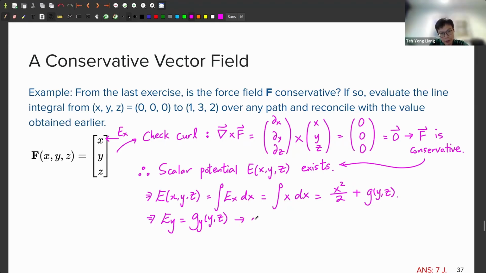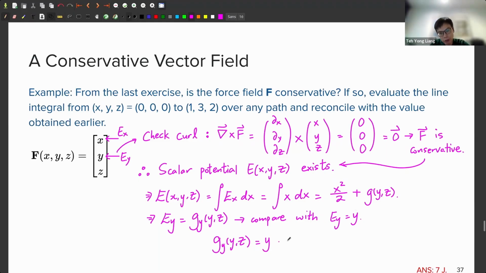Now you compare with E sub y. E sub y equals y. So G sub y must be equivalent to y. Is that okay? Because you got E sub y equals y and you only have G sub y, no choice, G sub y must be y.